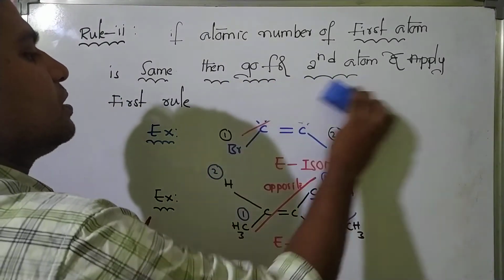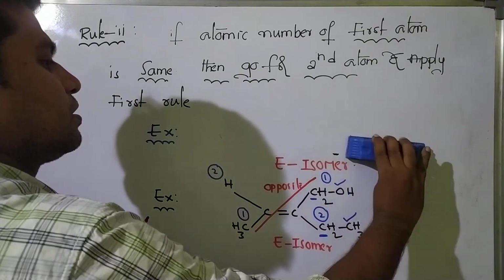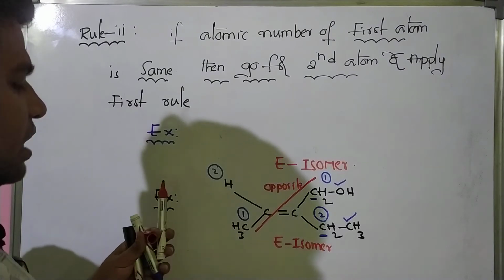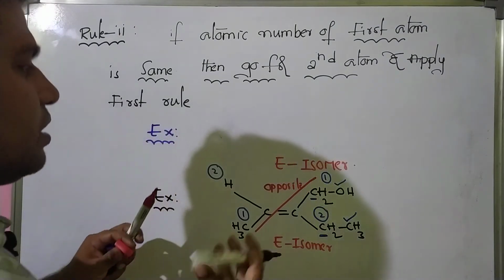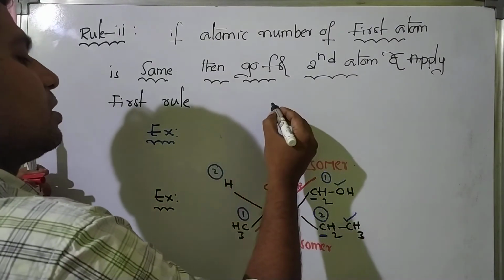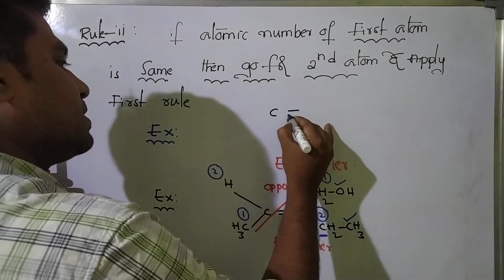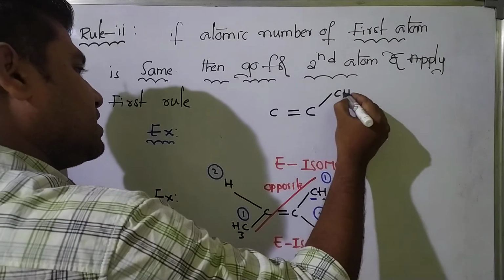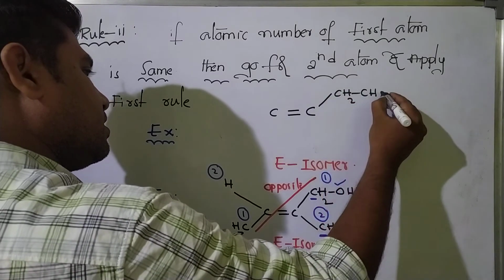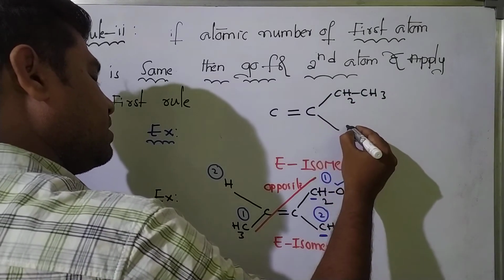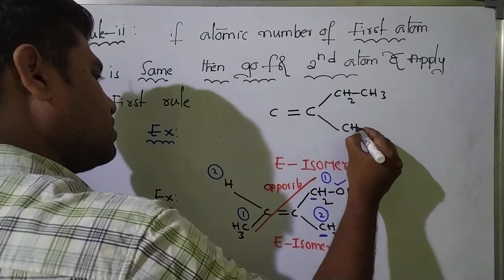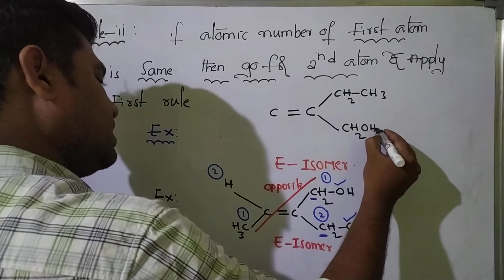For example, now I will change a little. Now listen students. Please observe the board. This is carbon-carbon multiple bond. Here CH2, CH3. So this side and downwards CH2OH group is present.